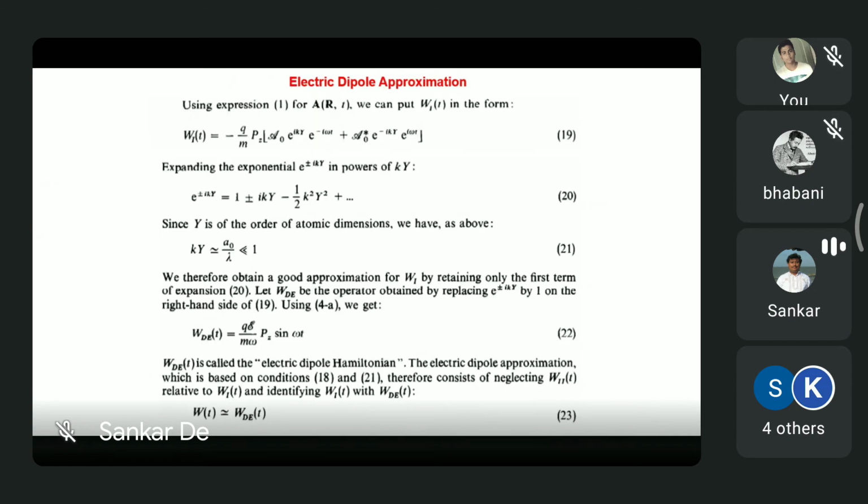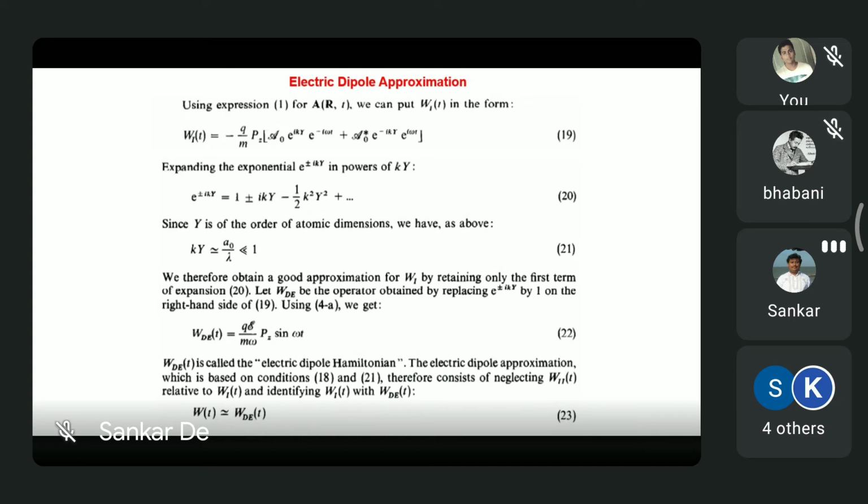And if you do that, then the W2 term will have, instead of Pz and A, it will have S and Sx, because the magnetic field is along the X direction, and instead of A you will have B. Therefore the magnetic field will have an expression, and you will also have e to the power plus minus iky.